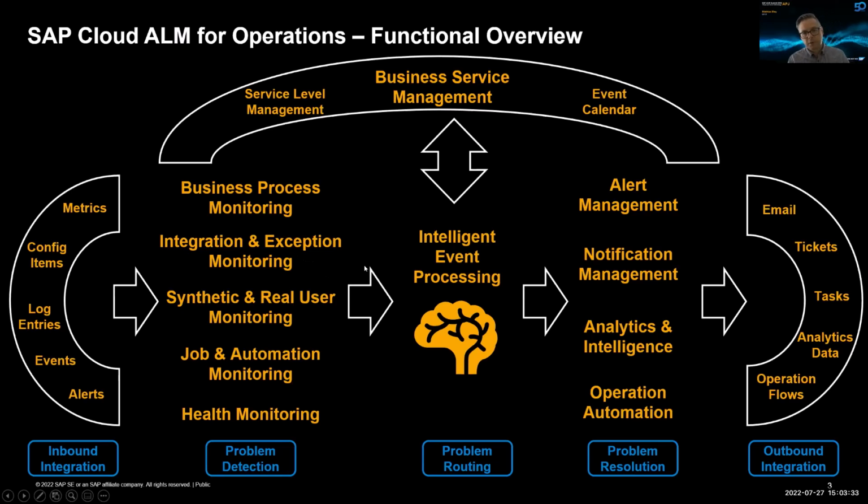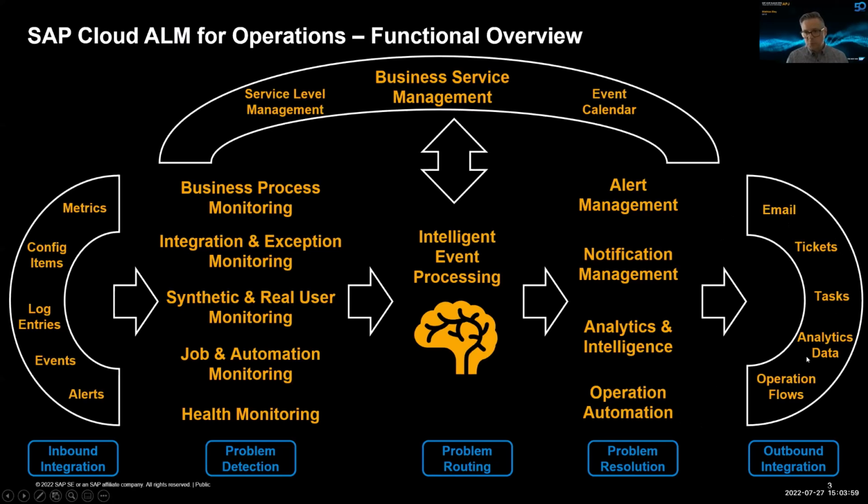Then the heart, or the brain, in the end is this intelligent event processing, which allows us, out of these situations which we detect in the monitoring, to create follow-up actions like alerts or emails, or we give this information out to some other analytics tools, or we can start an operation flow.